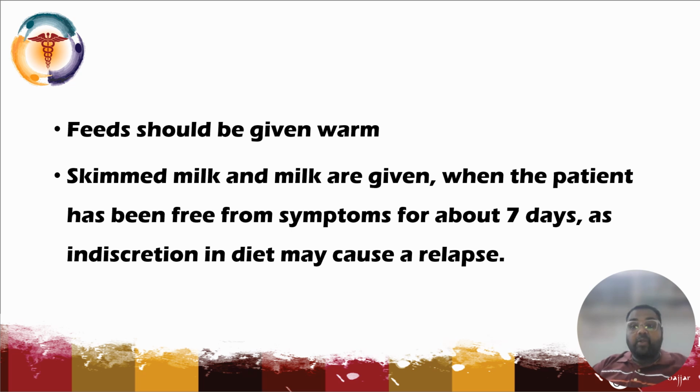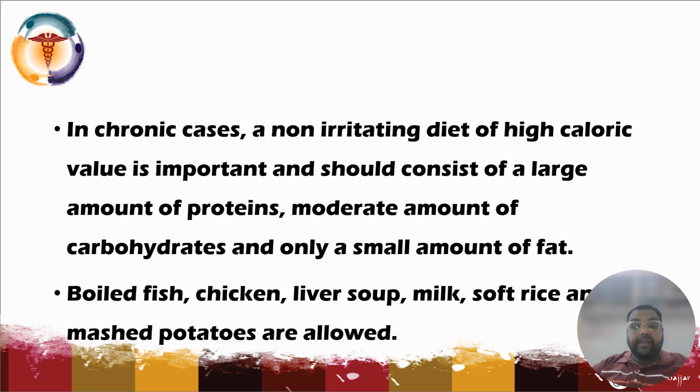Right. In chronic cases, a non-irritating diet of high caloric value is important and should consist of a large amount of protein. We can give a moderate amount of carbohydrate and only a small amount of fat. We can give boiled fish, chicken, liver soup, milk, soft rice, and mashed potatoes are allowed.